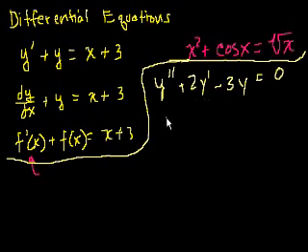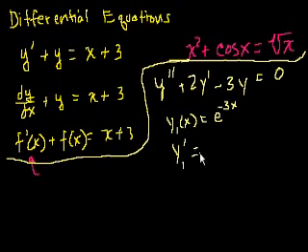So they say y1 of x is equal to e to the minus 3x. They claim that this is a solution of this differential equation. Let me show you that it is. What's y1 prime, the derivative of this? Well, just do the chain rule.